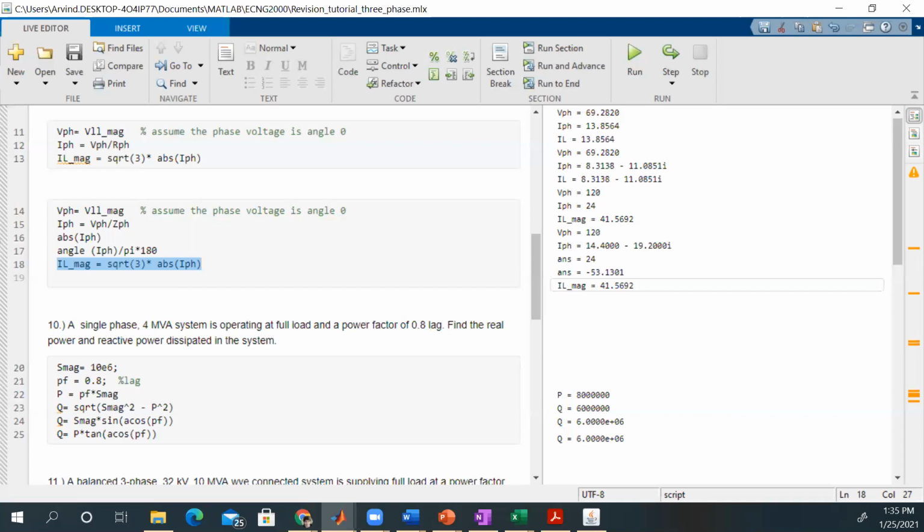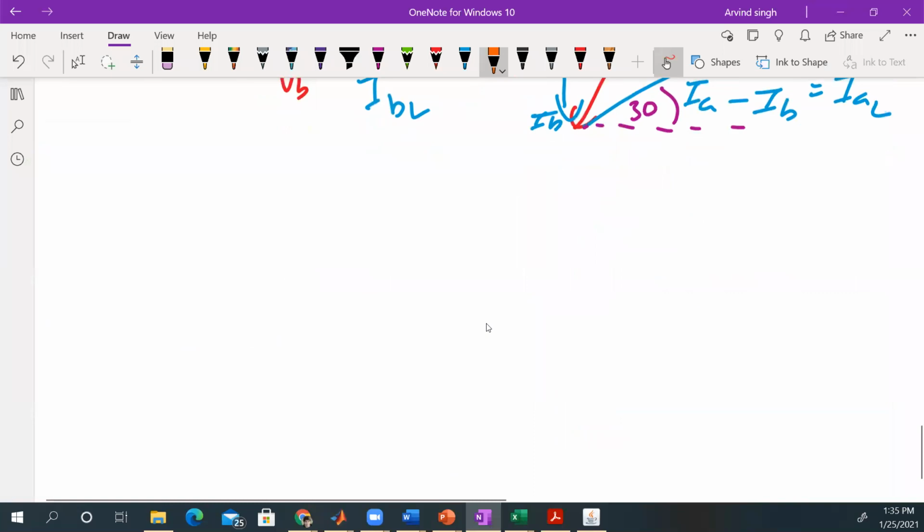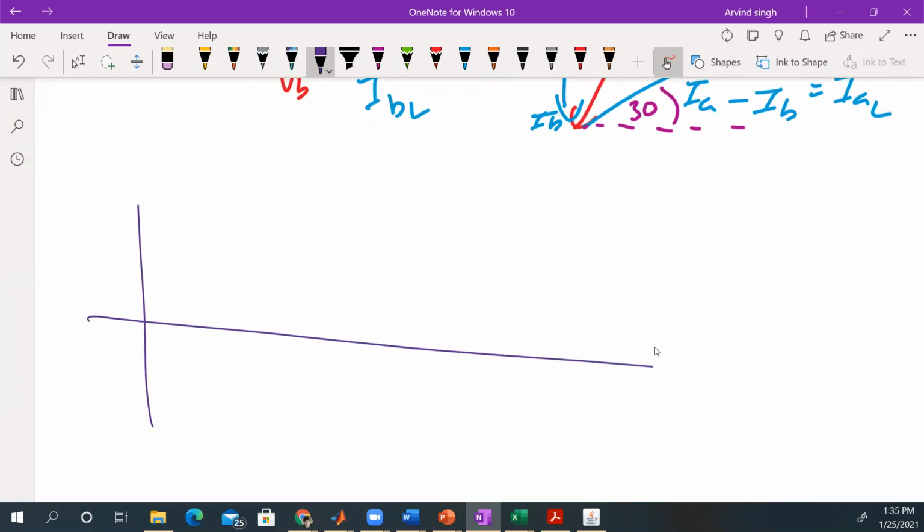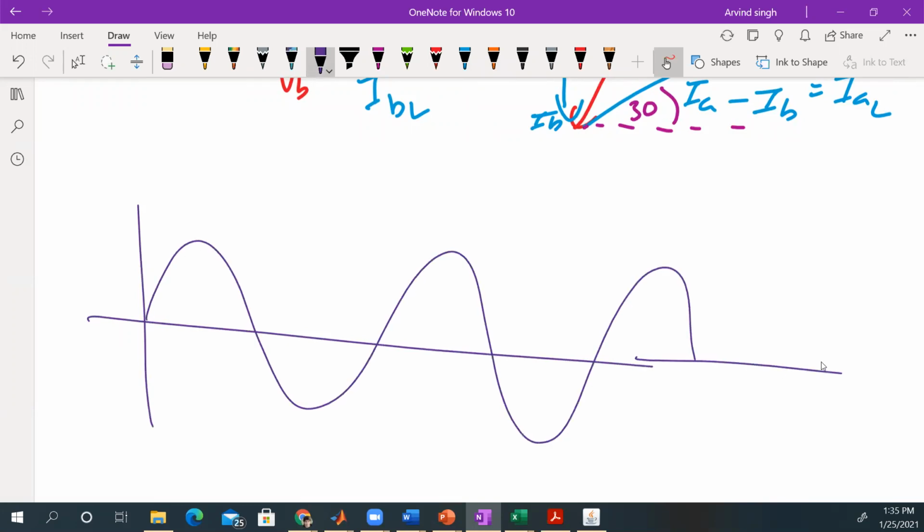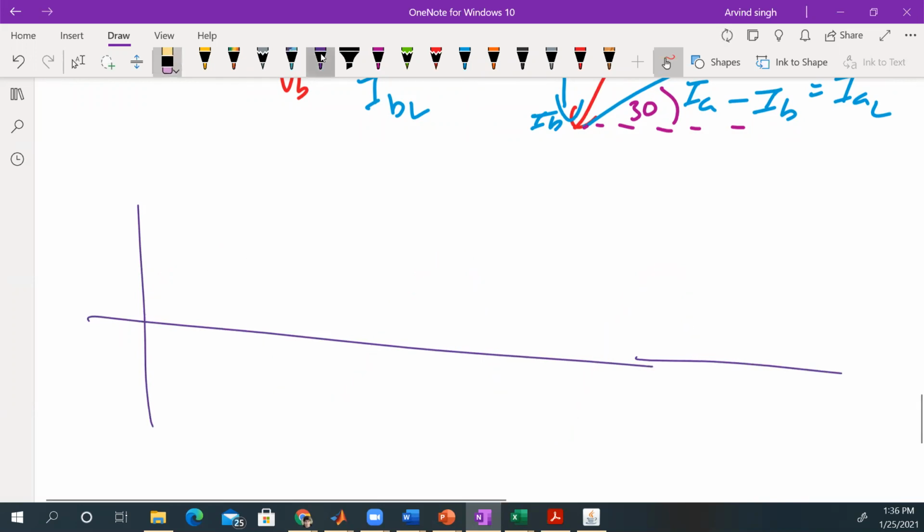And the difference between these two, really, if you look at the graphs of power, let me pull this up here. If you look at a graph of real power for a resistor, it will look like this.